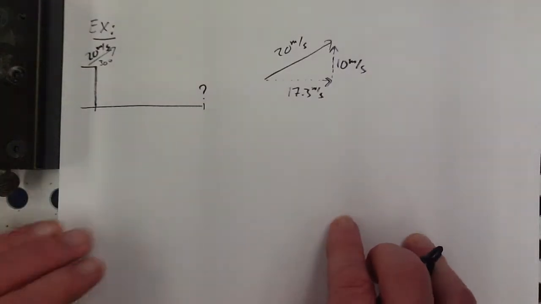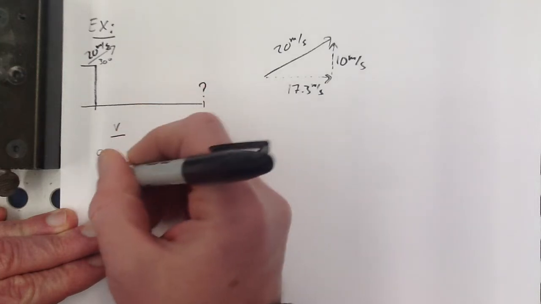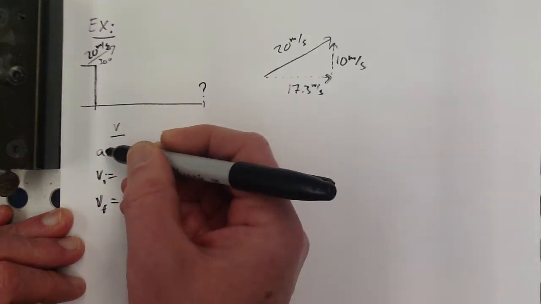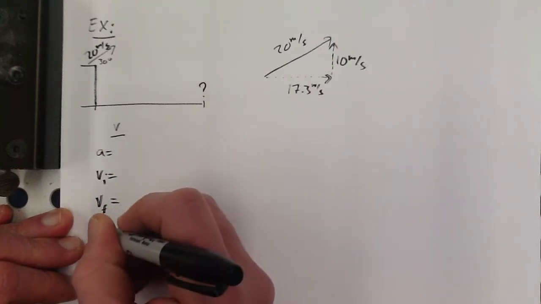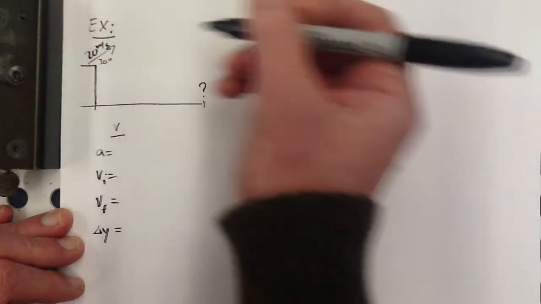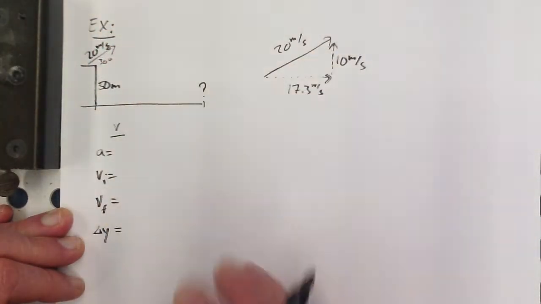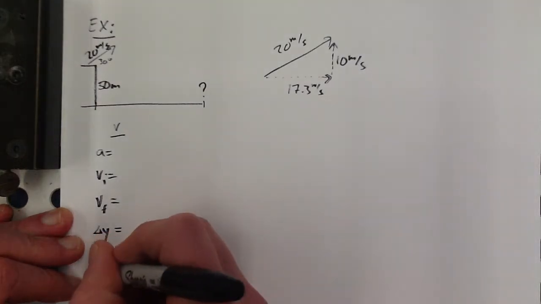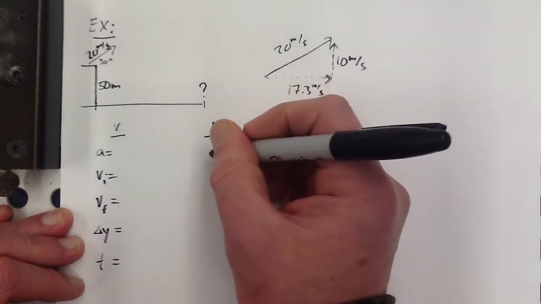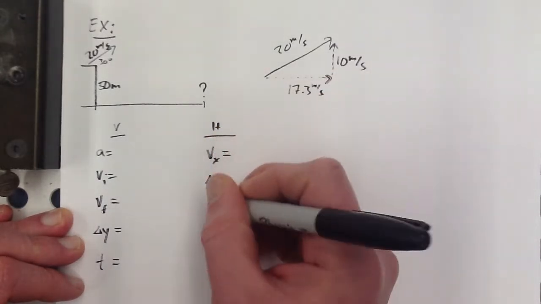Okay. Now I'm going to set up my little lists here. Acceleration, initial velocity, final velocity, delta y. Oh, I forgot to tell you how high the cliff was. Let's say it's, I don't know, 50 meters? 50-meter cliff. And in the horizontal direction, I've got my Vx, my delta x, and my time.